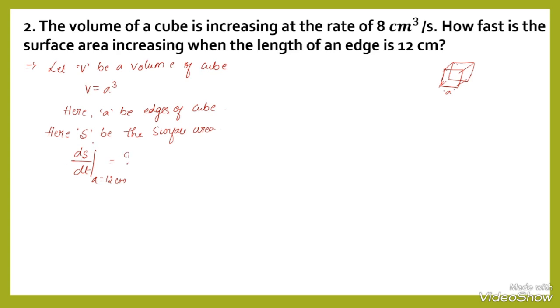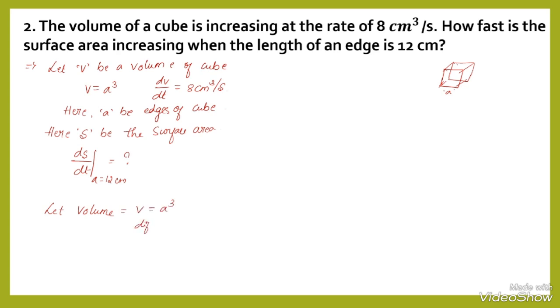Before finding this, we want the volume. They have given the rate of change of volume, dv by dt is equal to 8 centimeter cube per second. Now I consider the volume of the cube: v is equal to a cube.